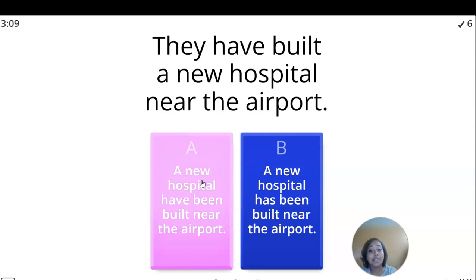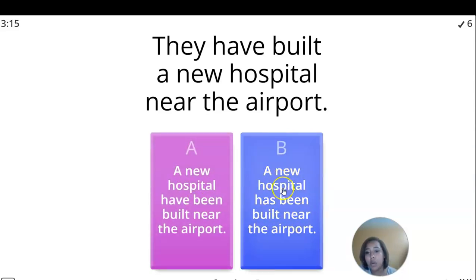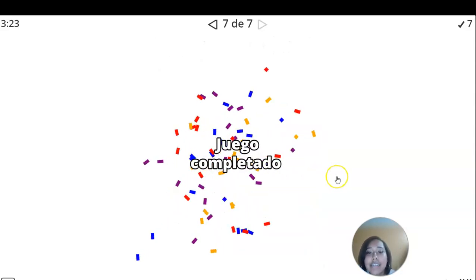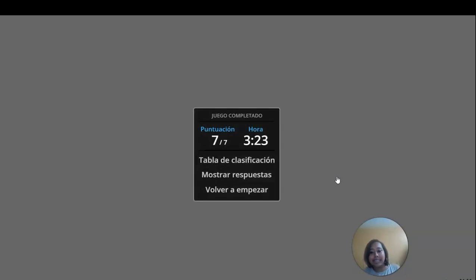There you go. It will be present perfect, right? But remember, why do we use this instead of this? Because we are talking about a place in this case, that is the hospital. So that's why we use has, right? Good. So class, you did it really amazing.